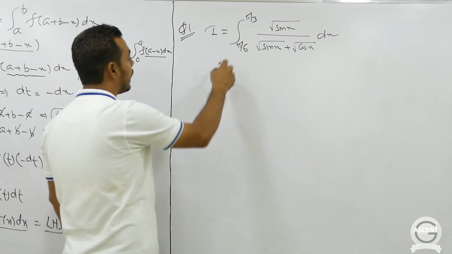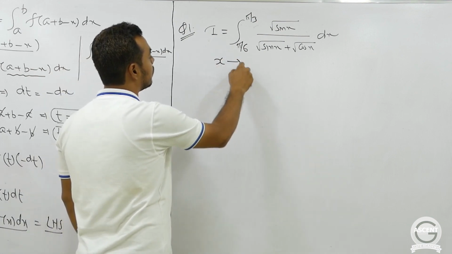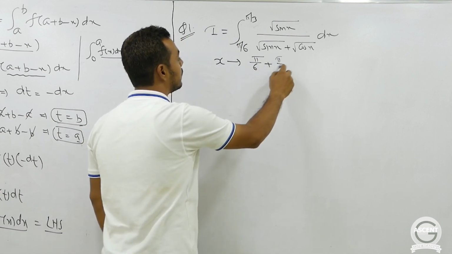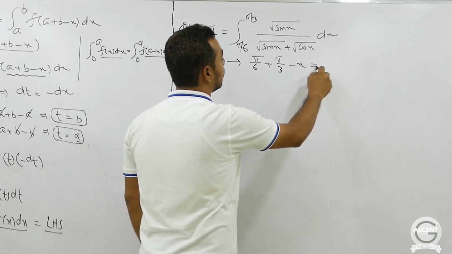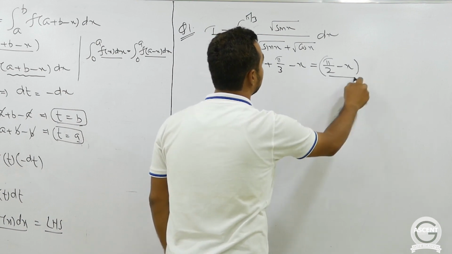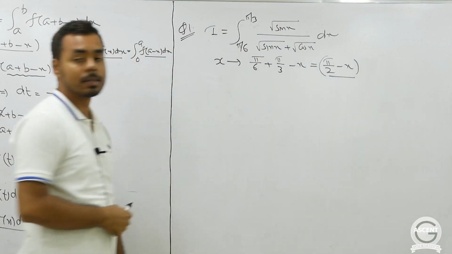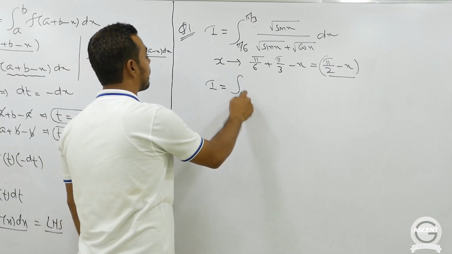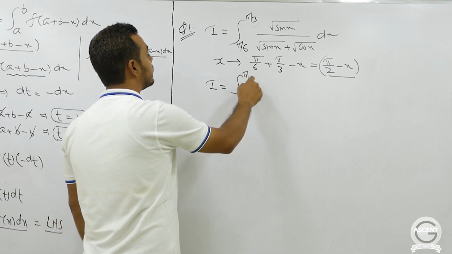So here if you add the upper and lower limits, we can write that x goes to the sum of these two limits minus x. Now this is nothing but pi by 2. So in place of x you can write pi by 2 minus x. So this integral will give us integration, the limits will remain the same.